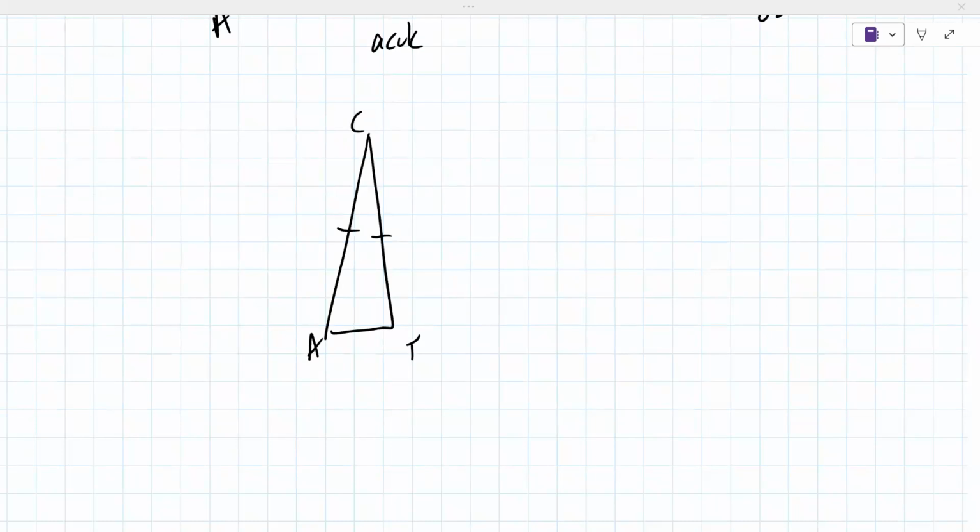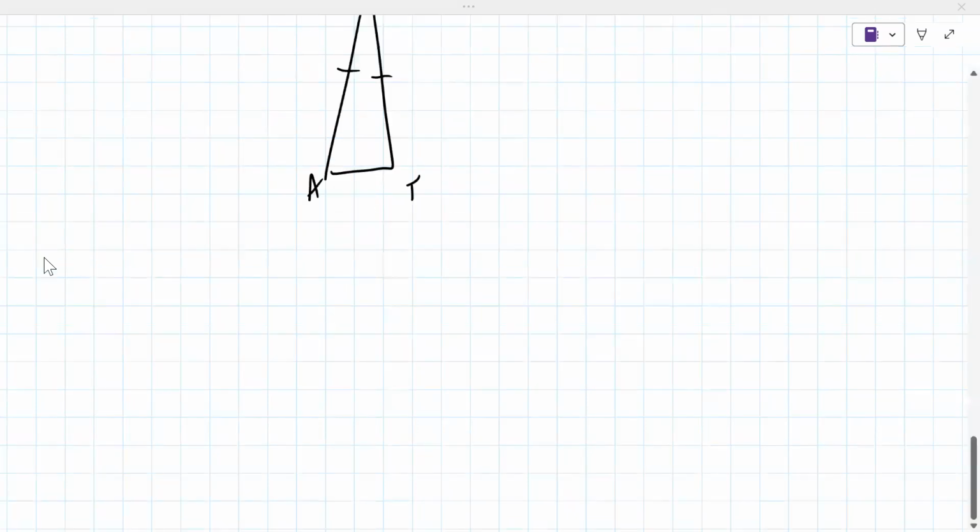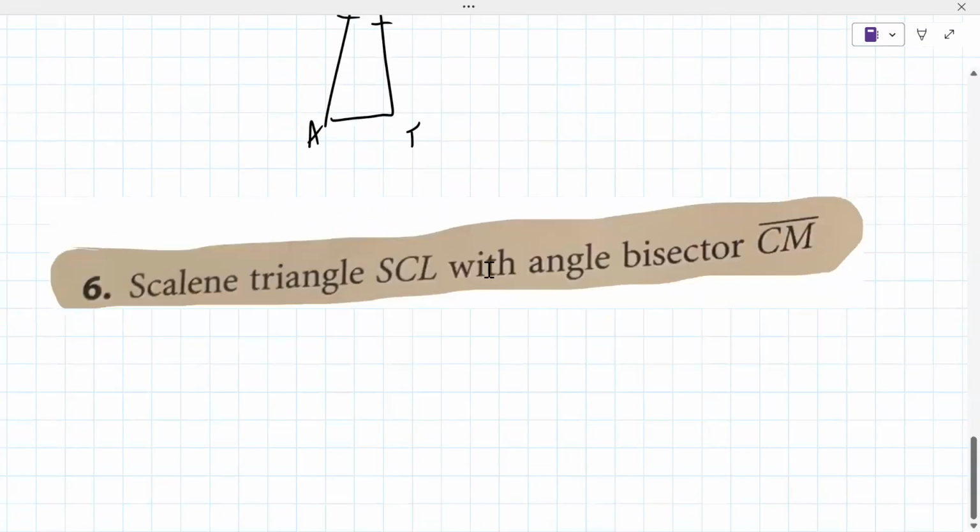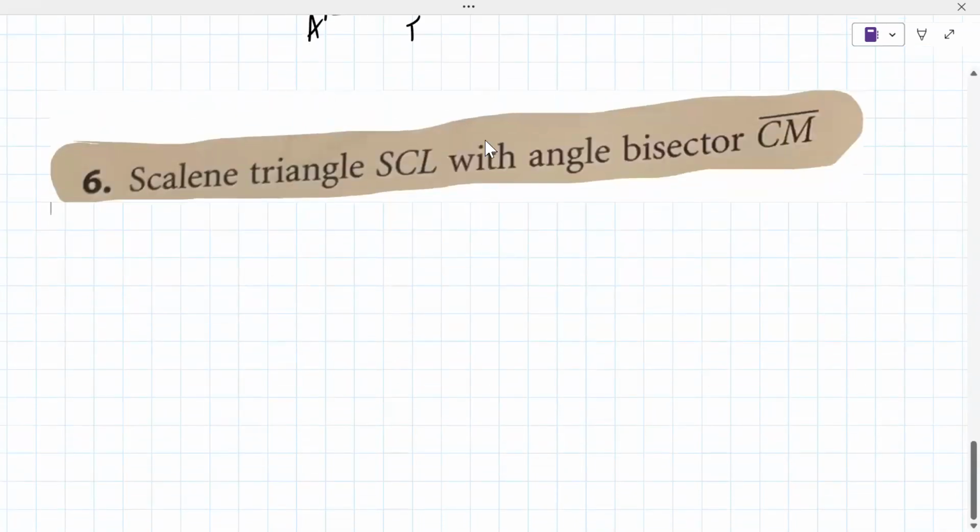Number six. Scalene triangle SCL with angle bisector CM.